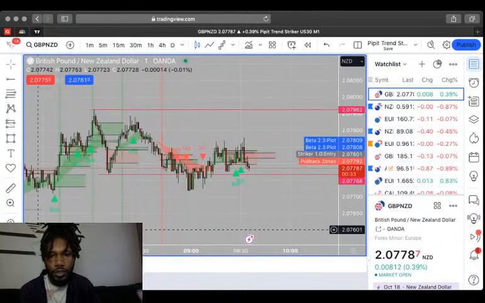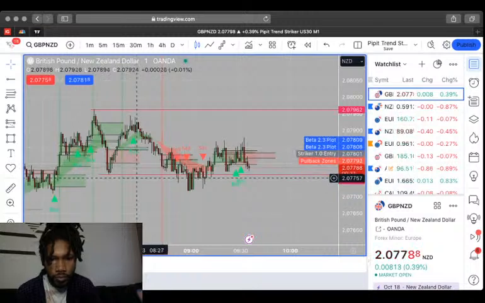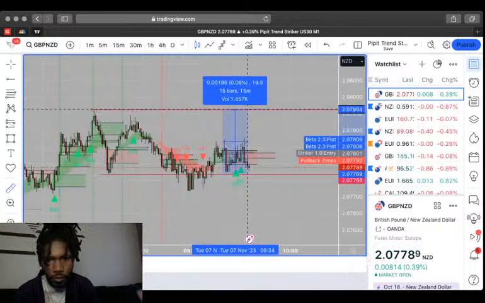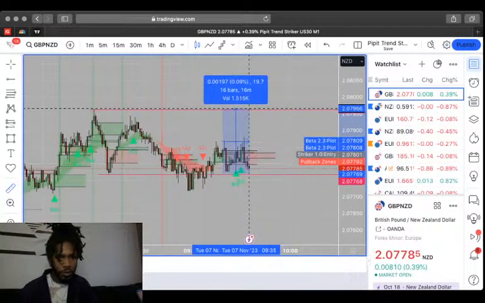Nice 100. How big is this? Only 20 points, 20 pips. Okay.